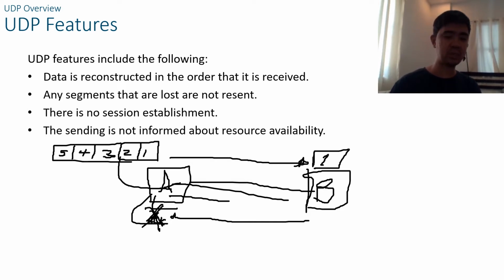Okay, there's no sequence number. So in a way, in UDP, the first segment being received, UDP will take note that that is the first segment. The second segment is the next segment. That's how UDP understands the order of the segments. Okay, there's no error correction, also no resending.